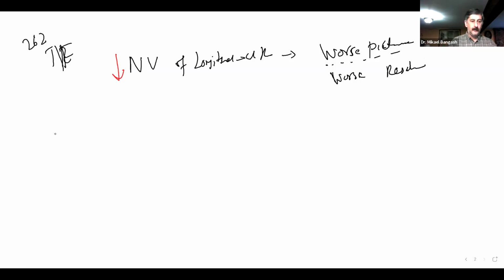But that's going to be false, because a lower numerical value in this case, for your longitudinal resolution, which is your axial resolution, is going to cause you to actually have a better resolution. Did you guys get that? Yeah.